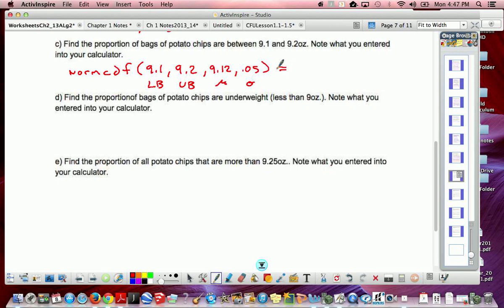To get normal CDF on your calculator, what you want to hit is second vars, and then in this case, it's number 2. Let me show you how to type this one in real quick.